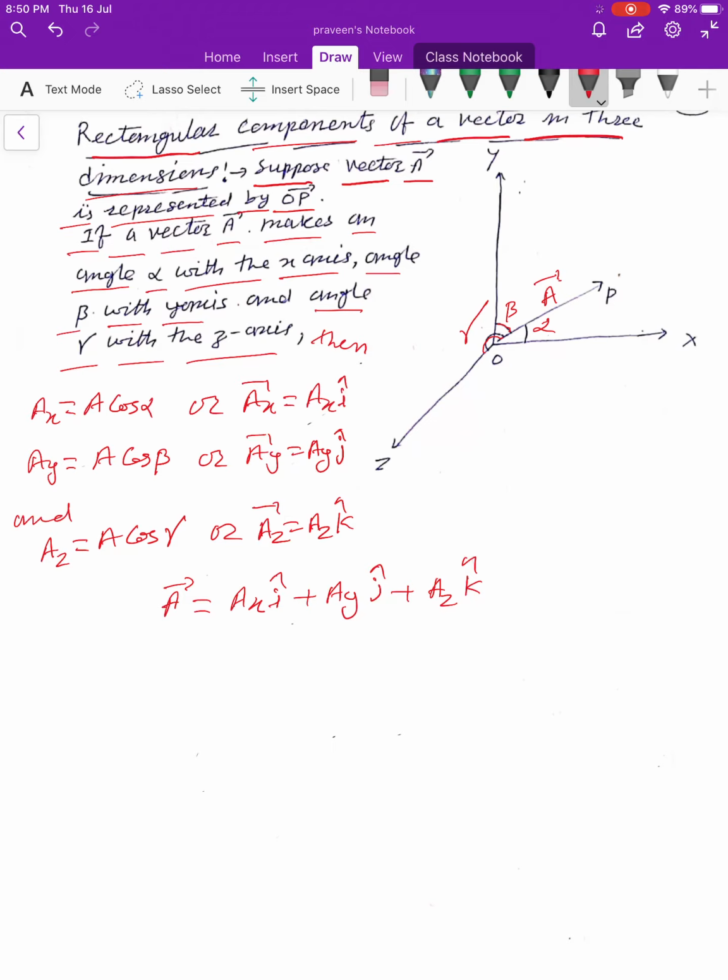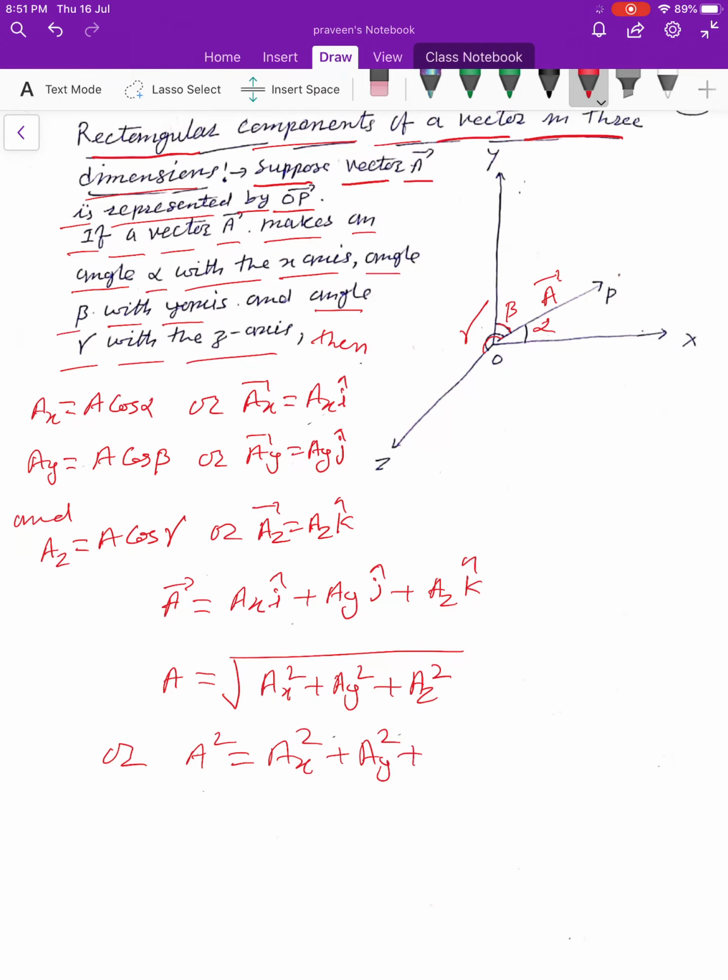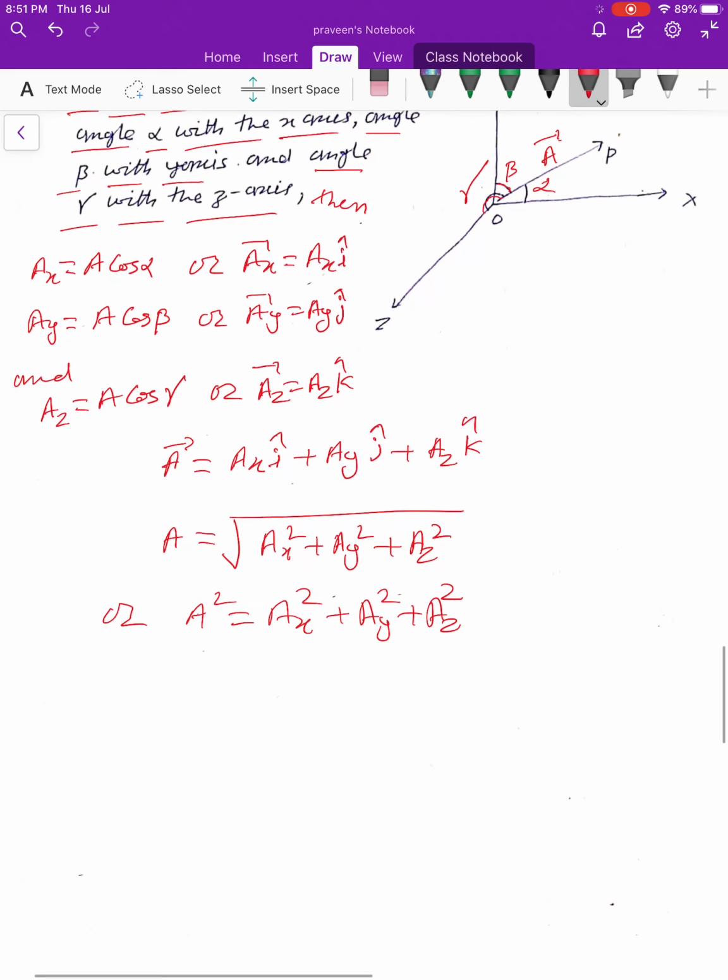and the magnitude of the vector A is given by A is equal to under root Ax square plus Ay square plus Az square, or A square is equal to Ax square plus Ay square plus Az square.